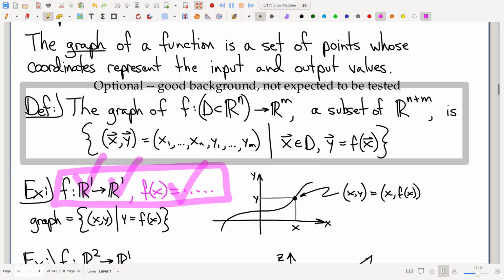So I just want to emphasize we are choosing to write y equals, to take these output values and give them a name, call them y, and then to write down this equation, to write down y equals f of x. Right? That is a non-required choice that takes a function and produces an equation of which I can draw the set of solutions, and that too gives me the graph. So you can think about a graph either way.